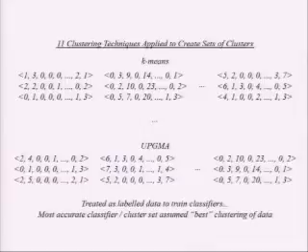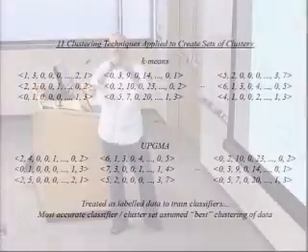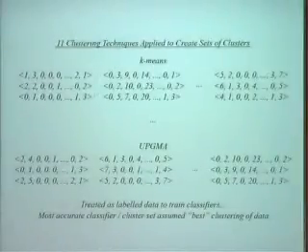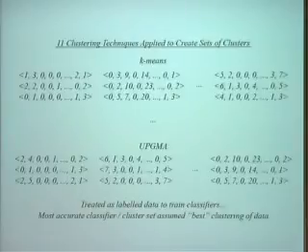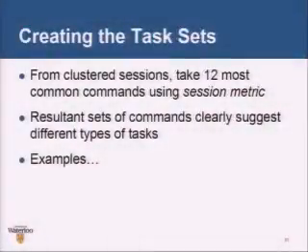Once we determine which of the 11 sets of clusters is quote unquote the best clustering of the data, then what we do is we take the 12 most common commands across the sessions for a particular cluster, right? And so therefore you do have overlap, which is desirable in this case, because you can have commands that are essential to different tasks, and so you don't want to just bin them in one set of commands.